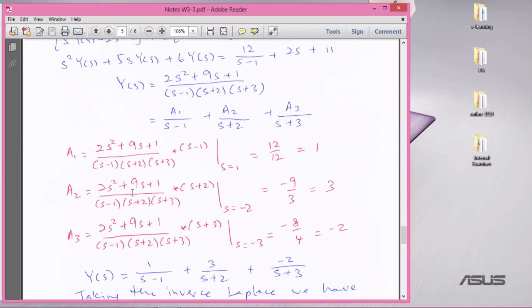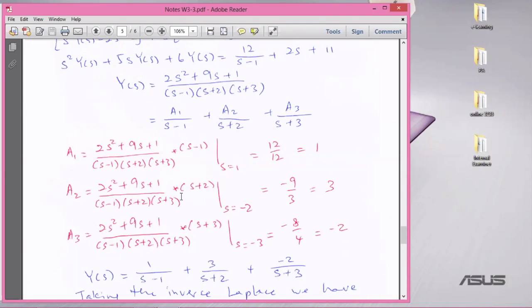Wait a minute, what's going on here? This is 4, this is 8. So this is minus 18. Minus 18 plus 8 is minus 10. Minus 10 plus 1 is minus 9. So the numerator is correct.